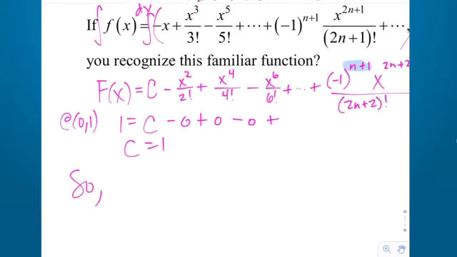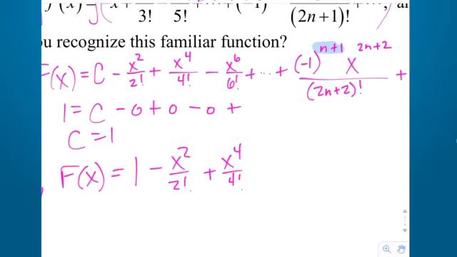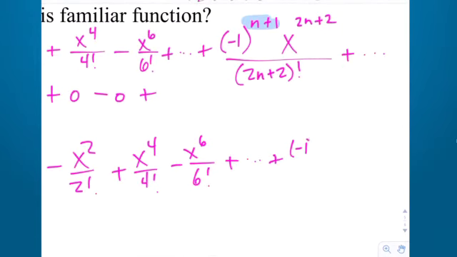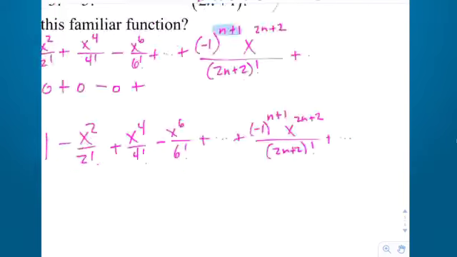So, big F of x must equal 1 minus x squared over 2 factorial plus x to the 4th over 4 factorial. Those are the first three now non-zero terms. I'll go ahead and write the next one as well. X to the 6 over 6 factorial plus dot dot dot plus negative 1 to the n plus 1 x to the 2n plus 2 all over 2n plus 2 factorial plus dot dot dot.